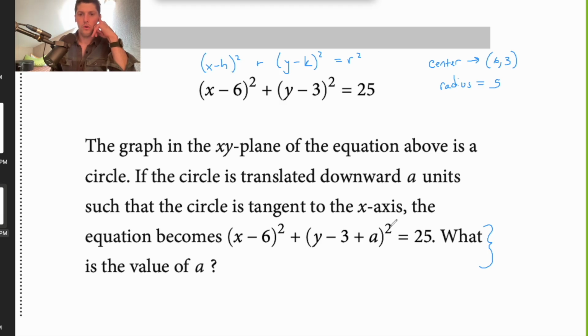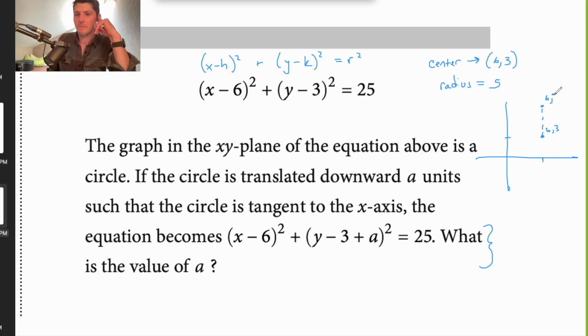Okay, so if I give myself a rough sketch of what's going on here, at positive 6, positive 3, we have our center, (6, 3). We're going to translate it down, but the top point would be 5 units up, which is (6, 8).